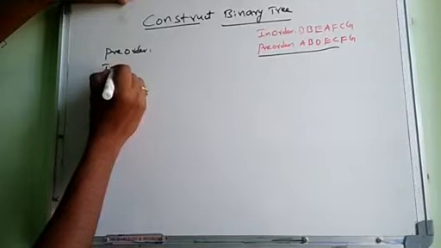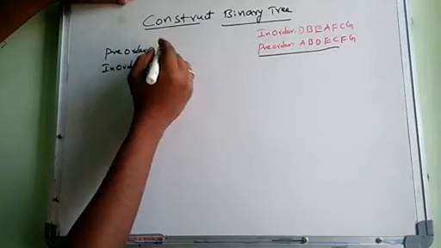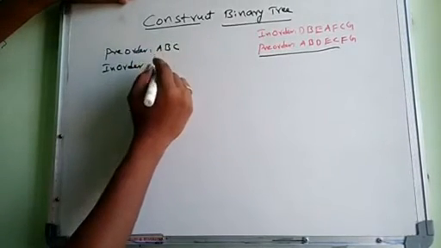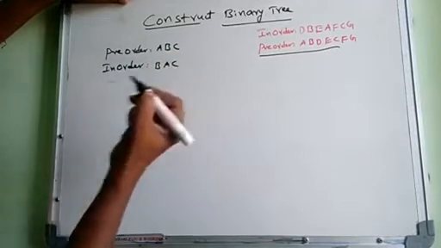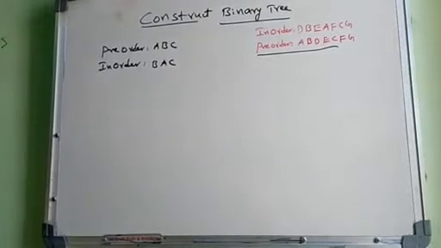So take two orders as input. I will take a pre-order like this, and an in-order like this. From an examination point of view, they ask a question: construct a binary tree using any two orders.